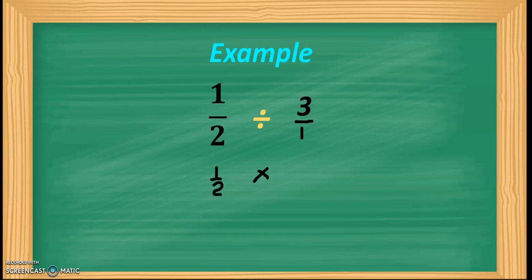I could flip it. So I would now have 1 over 3. And I'm going to multiply my numerators and my denominators. When I multiply 1 times 1, I end up with 1. And when I multiply 2 times 3, I'll end up with 6. So there we go. Our fraction is 1 over 6.